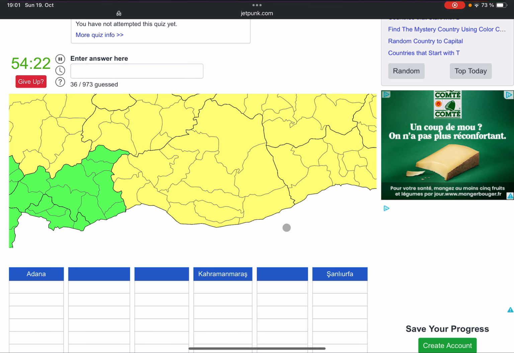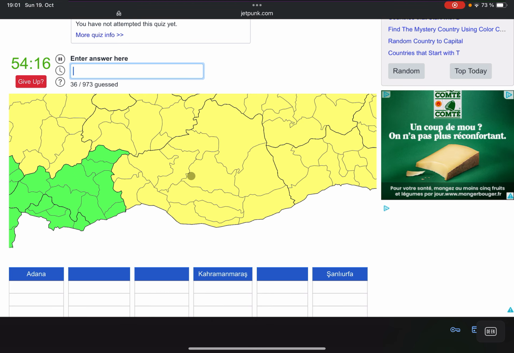Alright, continuing farther east, we have the province of Şanlıurfa, and same as for Gaziantep, I'm gonna repeat this a lot, the capital is not actually Şanlıurfa. It's basically the city itself is made up of the districts of, I think it's Eyüpiye and Haliliye.